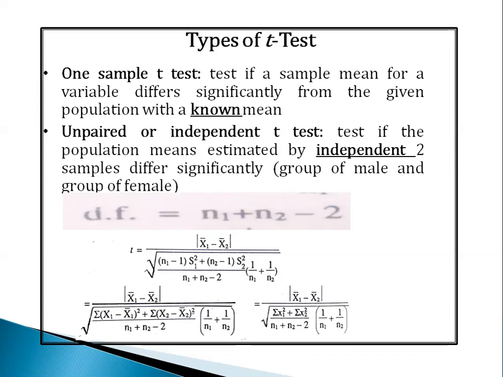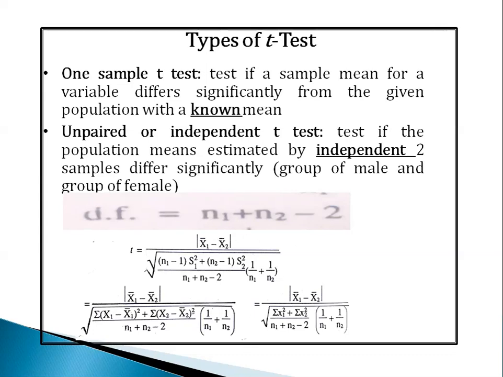Now there is one more factor which is calculated, called the degree of freedom, denoted by df, calculated as n1 plus n2 minus 2, where n1 and n2 are the sample sizes for the two different groups.